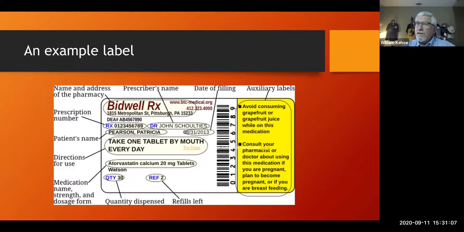If you see 0 on there, that means they're going to have to contact the physician's office again, and that can take time. So my recommendation is to keep track of when your consumers are going to need refills. Make some notes, make a list or whatever it is, so that you can be on top of it.